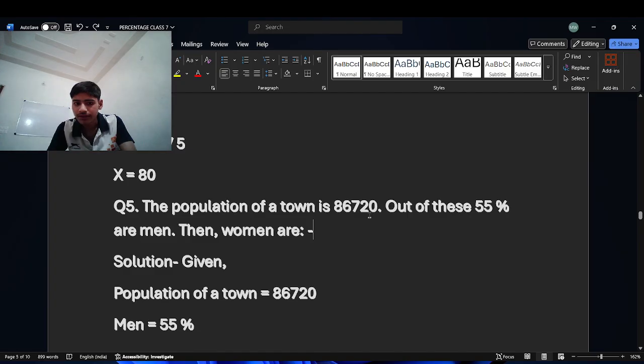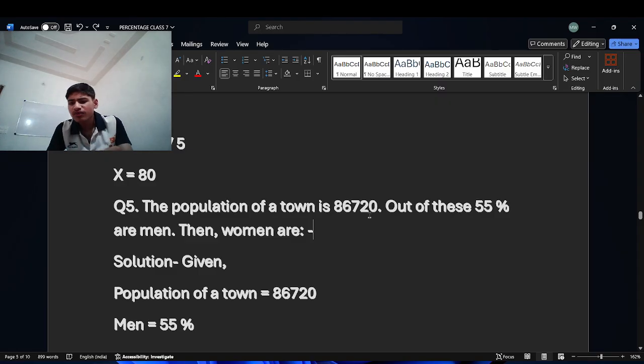You know that the total is 100%. A student can't get 101%, he can get only 100%, as you have already seen in exams. Here also this concept applies. The total is 100%.